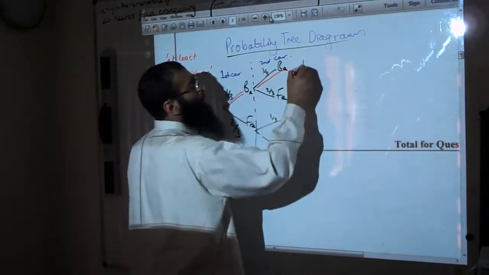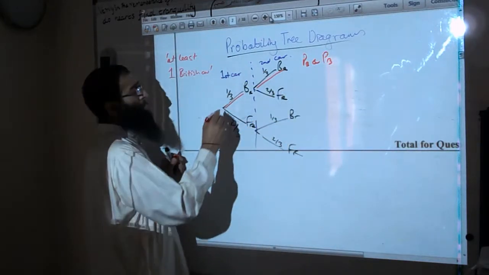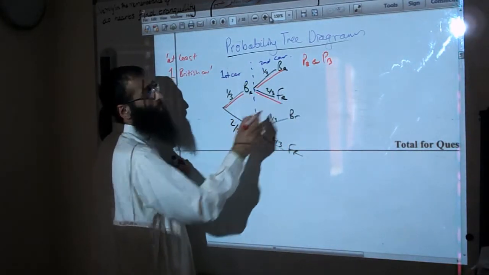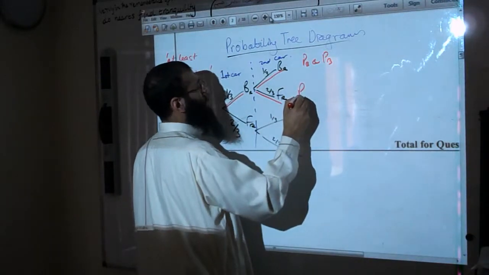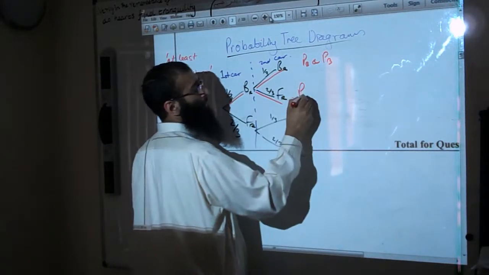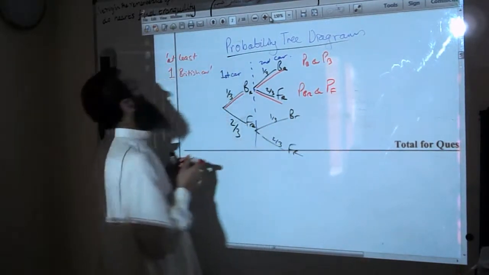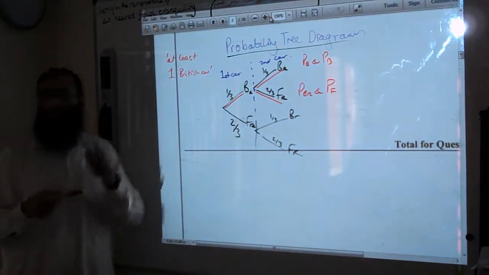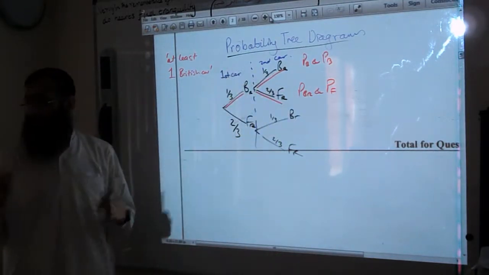So that's probability of British and probability of British. Now what happens if I go down the British and then I go down the foreign? Do I have at least one there? Yes. Probability of British first, and then foreign. So at least one British car means you have to have one or more than one. I got one in there, so that's part of the answer.